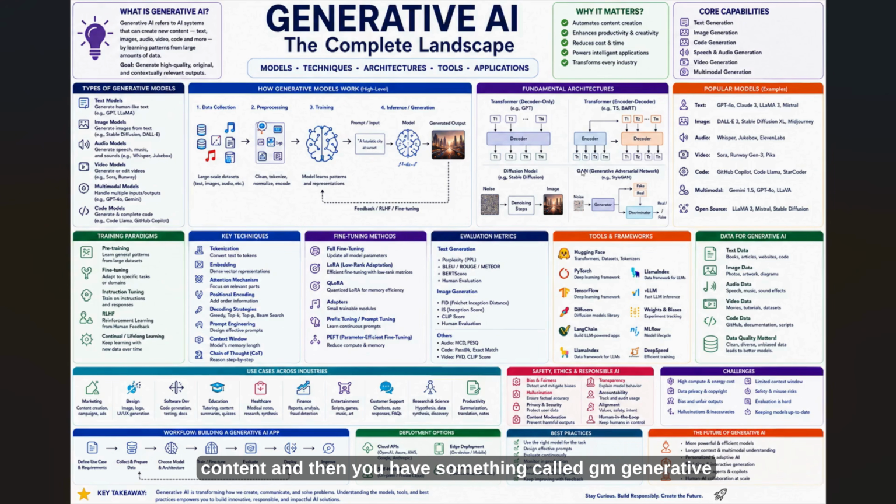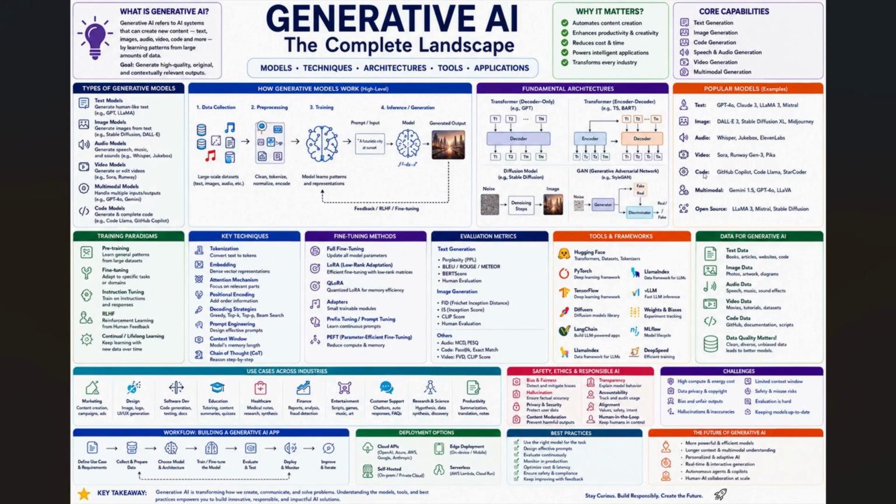And then you have something called a GAN, Generative Adversarial Network. So these are the frameworks, and I'll be explaining each framework individually. And then these are the popular models that you can use for individual types.